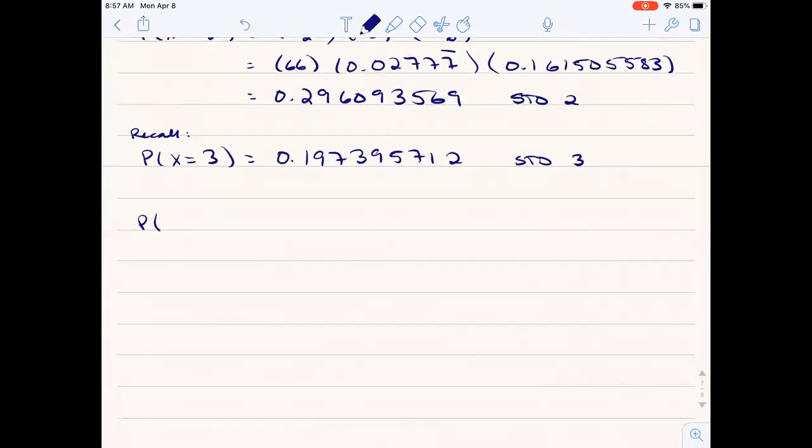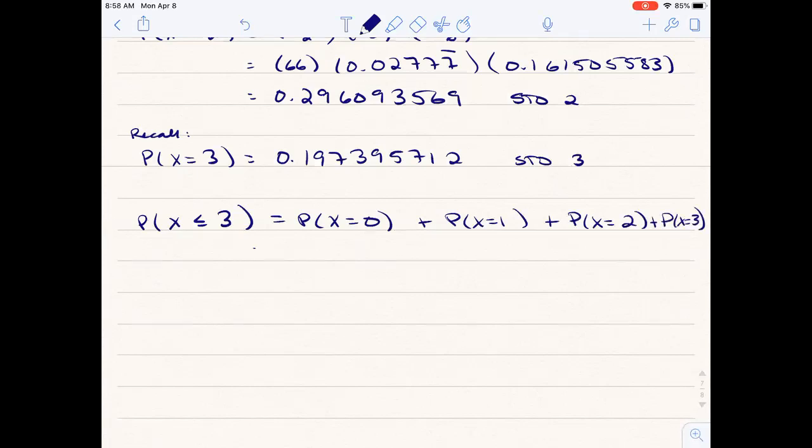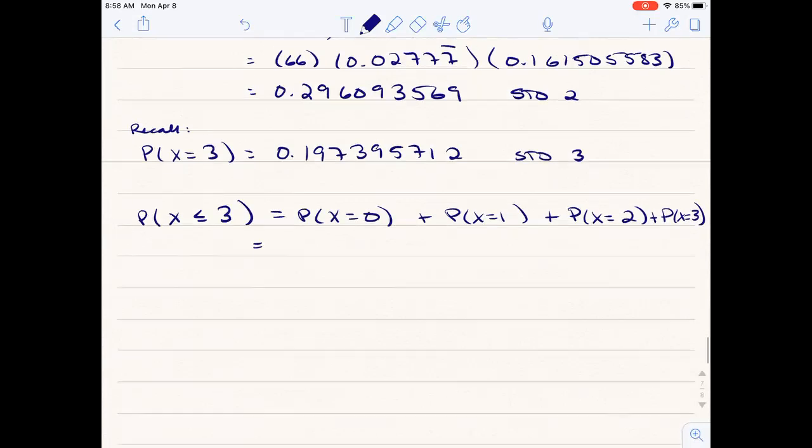So now the probability that X is less than or equal to 3 is the probability that X is 0 plus the probability that X is 1 plus the probability that X equals 2 plus the probability that X equals 3.